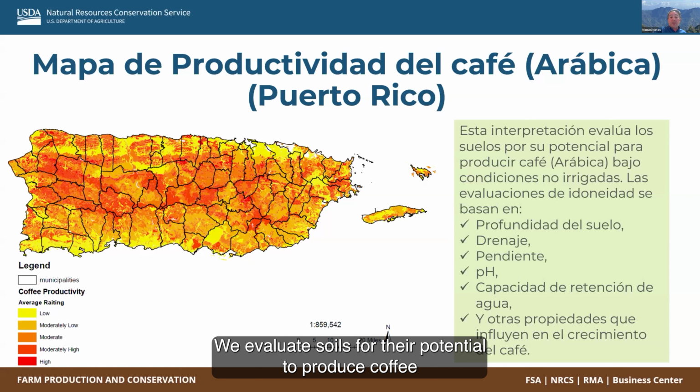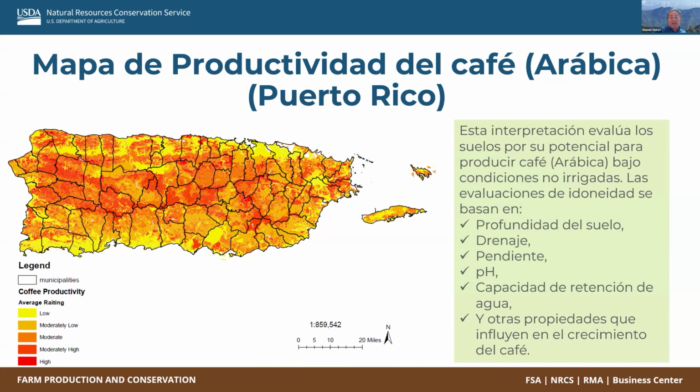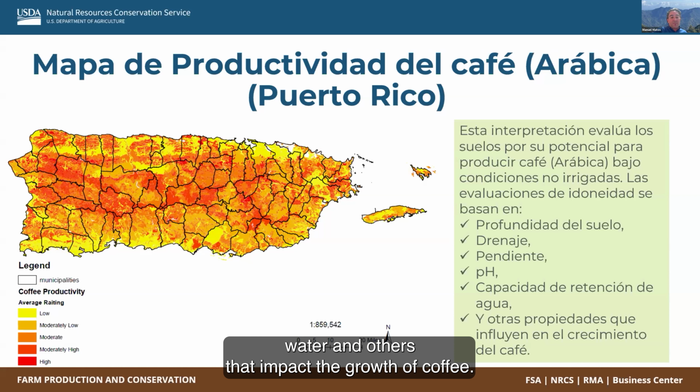We valued soils for their potential to produce coffee under normal, non-irrigated conditions, and they're based on drainage, the pH, the capacity to retain water, and others that impact the growth of coffee.